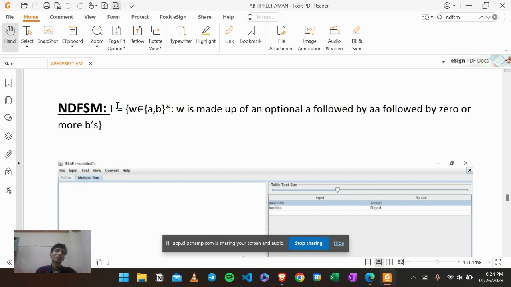NDFSM stands for non-deterministic finite state machines. The question here is L equals W belongs to {A, B}*, where A will be the required input. W is made up of an optional A followed by AA, which is followed by zero or more B's.